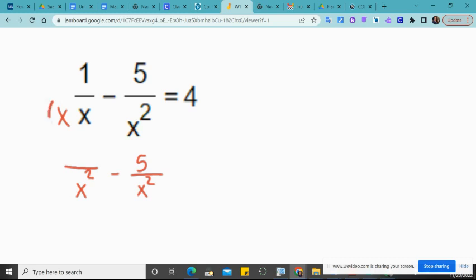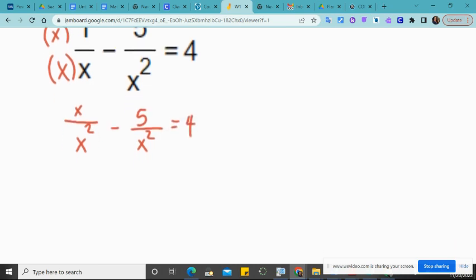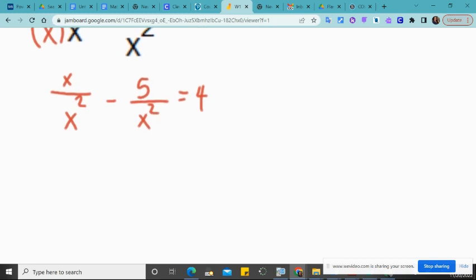So if I multiply the bottom by x, I have to do that to the top. So 1 times x is x, plus 4. Now I have a common denominator, and in the numerator, I just have x minus 5. Denominator is x squared. Multiply both sides by x squared, or butterfly, cross multiply, however you want to think about it. Cross multiply.